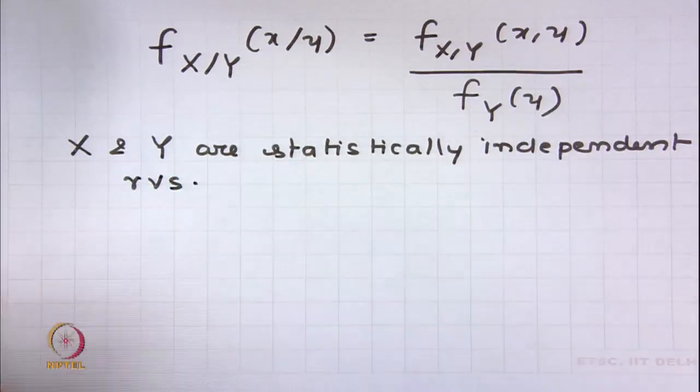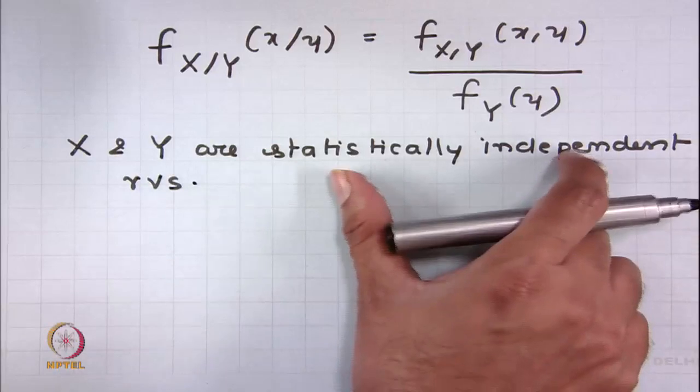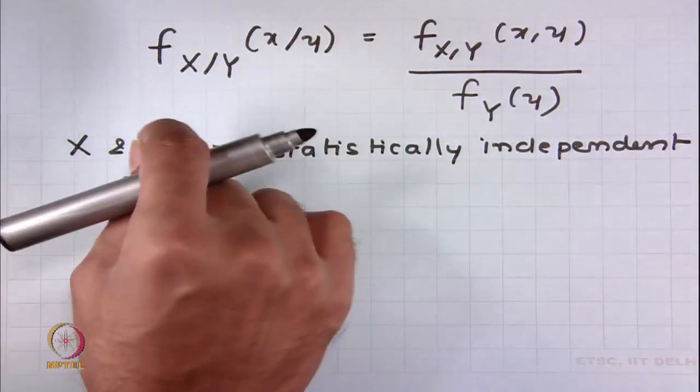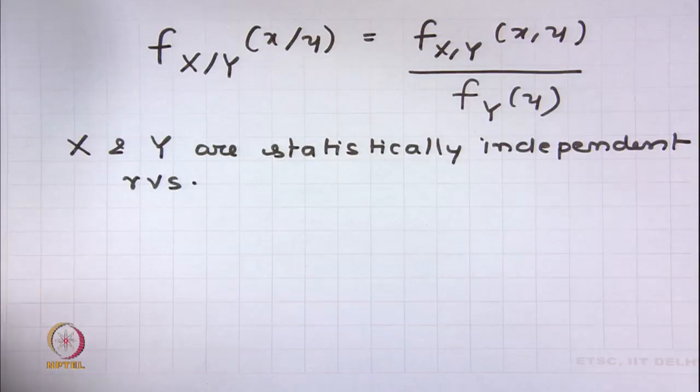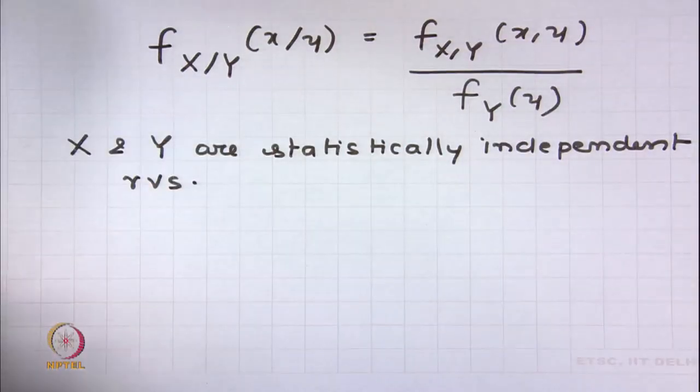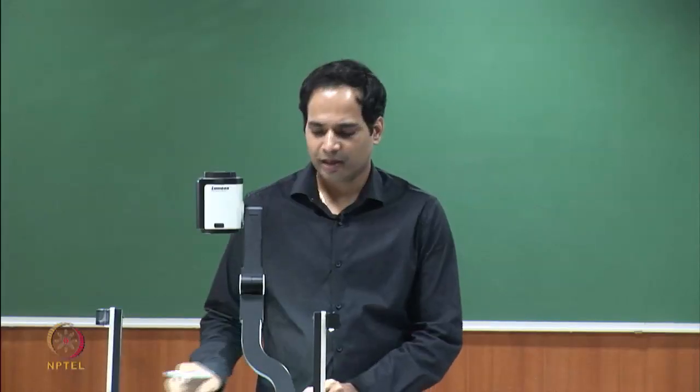What do you think will be the meaning of this? Statistically independent random variables means that if you have some information about y, you do not get any extra information about x, right. That means, if I tell you some information about y, your knowledge about x does not increase; you have the same information about x.